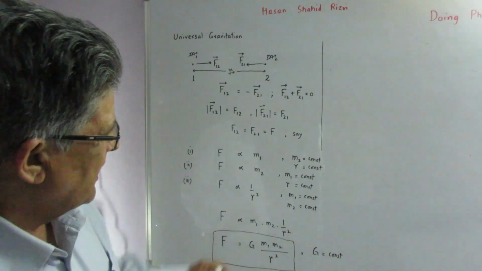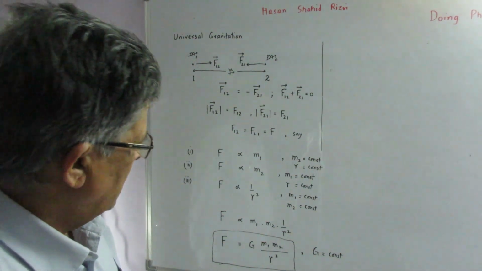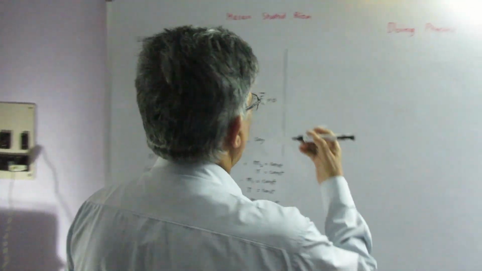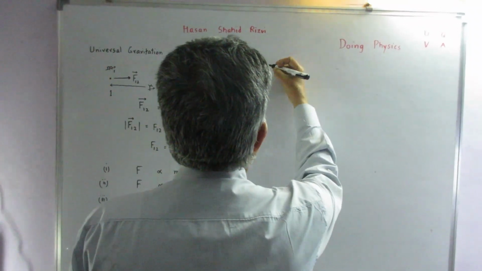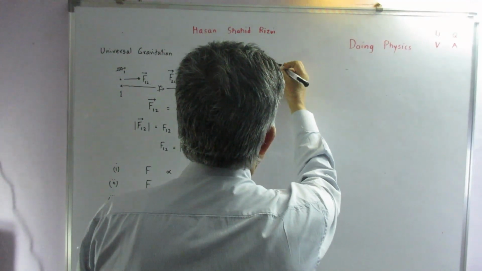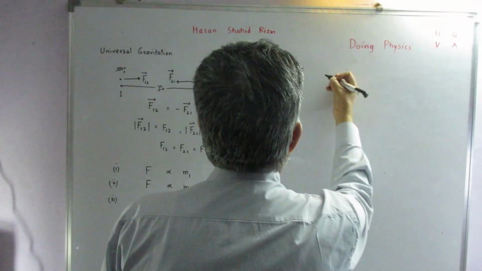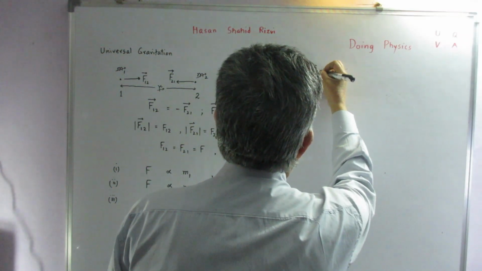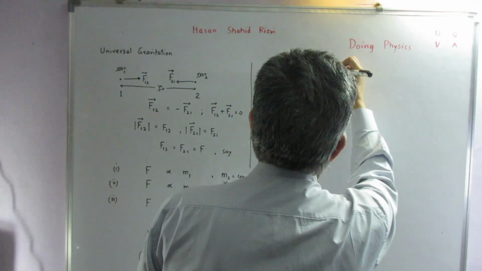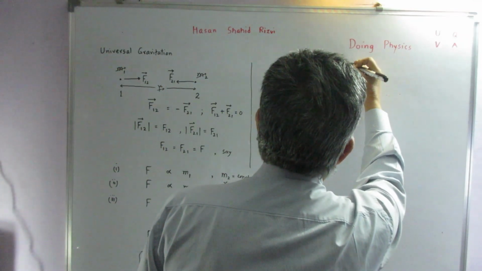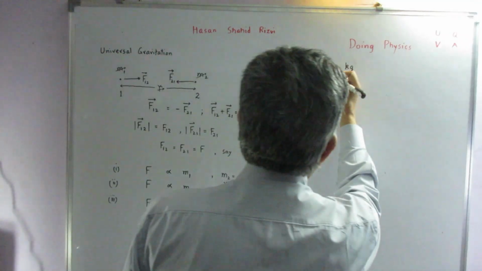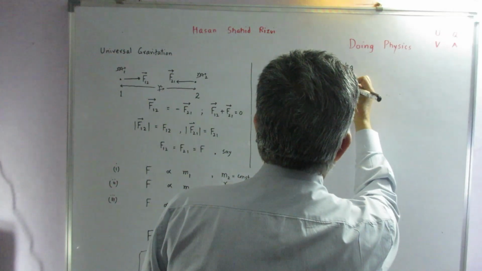Now, I understand that you must be knowing that the unit of force is Newton. So Newton is the unit here. Then we'll try to find out what is the unit of G. M1 is kilogram, M2 is also kilogram in the MKS system, and this is meter square.